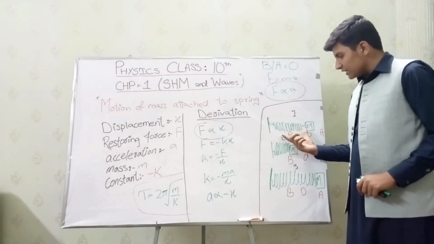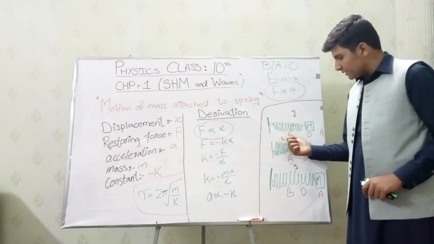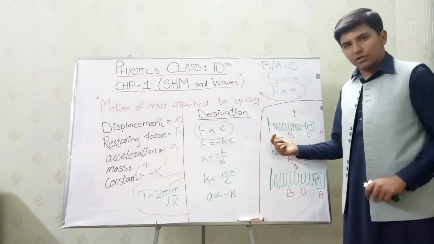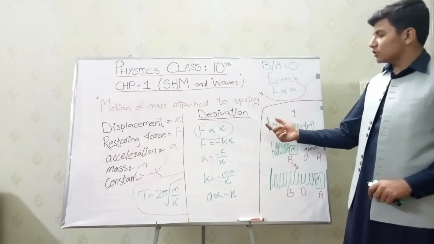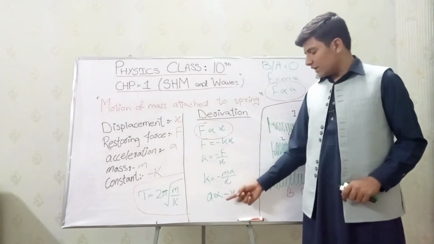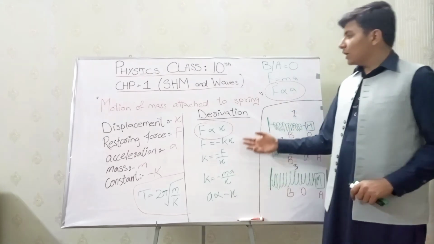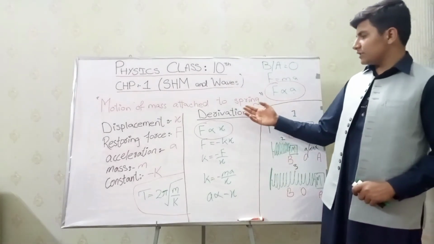The displacement is being produced, it's covered displacement, but it's going in the negative direction. That's why it's said to be minus k here and minus x here. This was our topic, motion of mass attached to a spring.